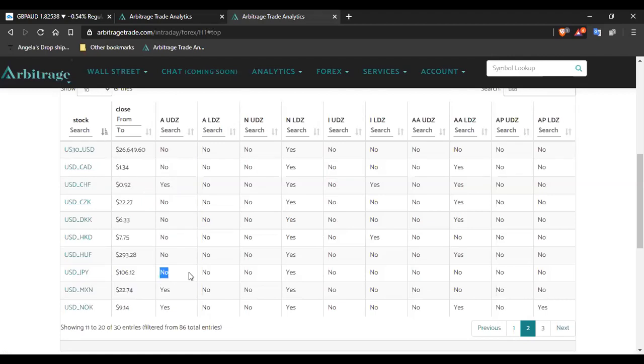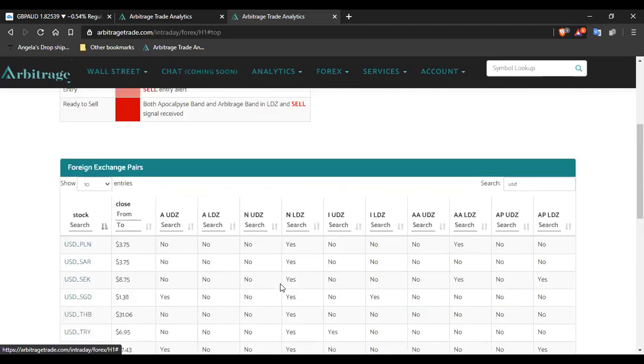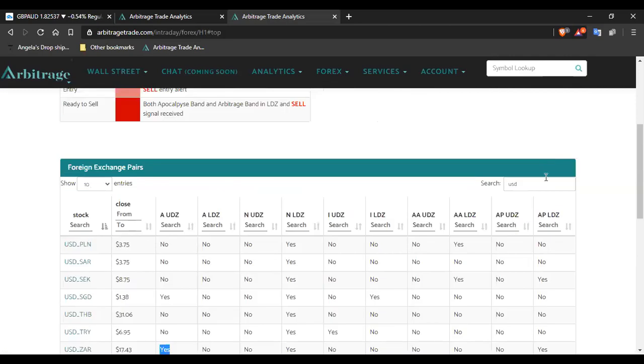USDJPY isn't confirmed, but we'll still check it out. And USD Mexican pesos is confirmed. So we have those confirmed, basically for the sell. And then USDZAR is also confirmed. So we have USDCHF, USDJPY, USDMXN, and USDZAR on our radar.